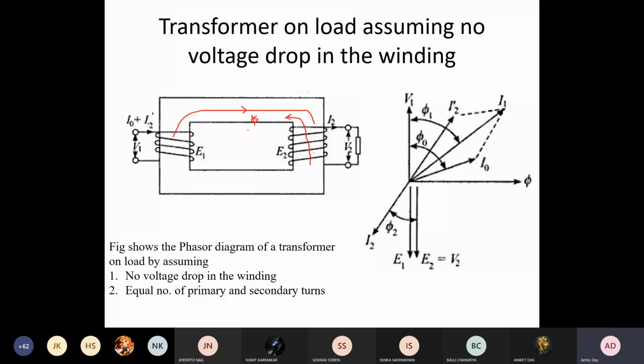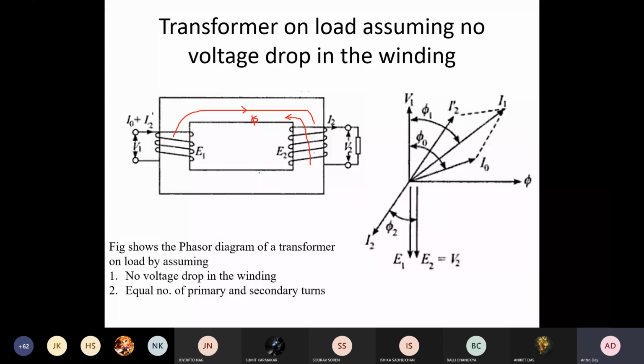Your net phi, if it is totally balanced, then there won't be any E1, right? And we are applying a V1 here, where V1 should be equal to E1, because you have connected V1 here, right? So if there is no drop across this, then it is a short circuit, right? Then there won't be any transformer action. So this is not possible.